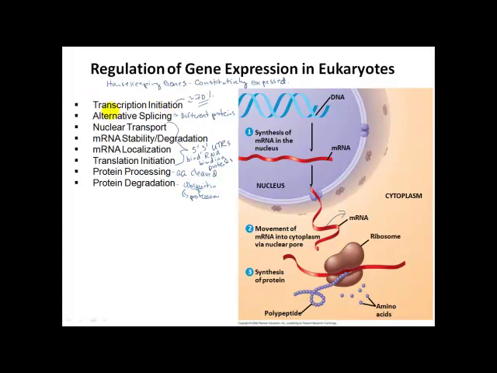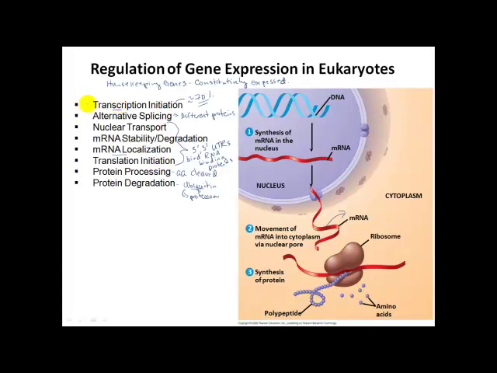Mostly what we're going to talk about in this video is regulation at the level of transcription initiation. And then in the next video we'll talk about mRNA localization and how that can lead to transcriptional regulation such that we get specification of different cell types and an overall body plan during development.